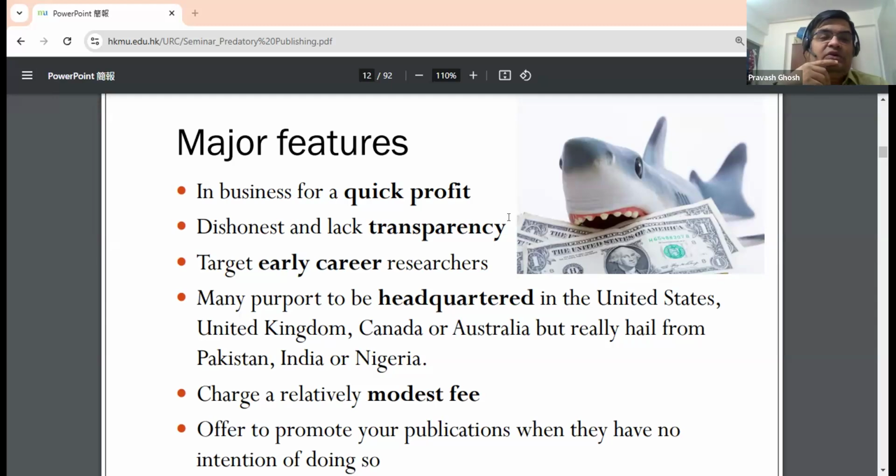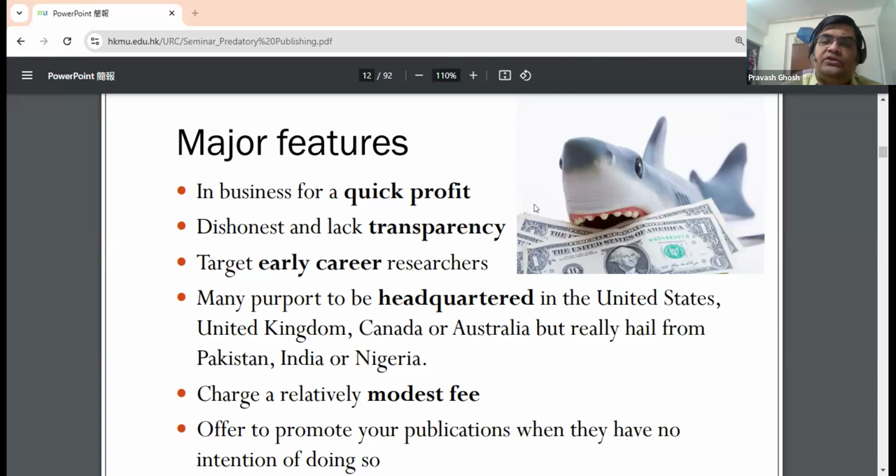Dishonest and lack of transparency: you will not find the editor's name even, no email ID of the editor. Suppose your paper is not published, whom should you contact? You don't know. No editor email ID, no editorial board, zero transparency, right?